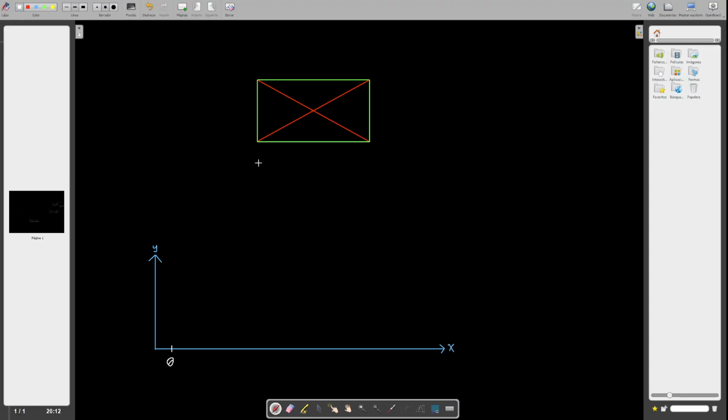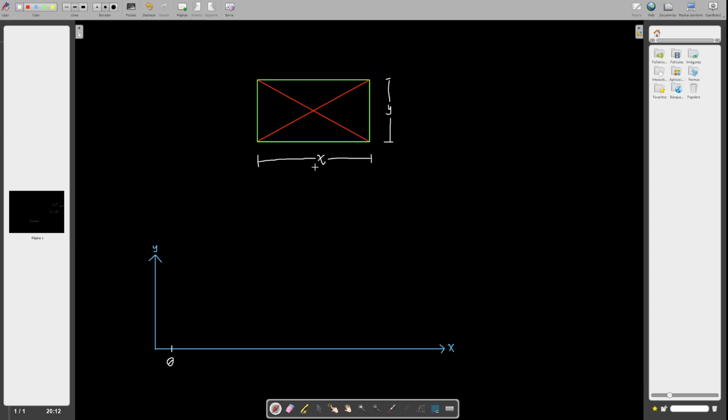I'm not going to go over Pythagoras or slope concepts. Let's just take a different approach. I'm going to assign lengths to the width and height of the rectangle.